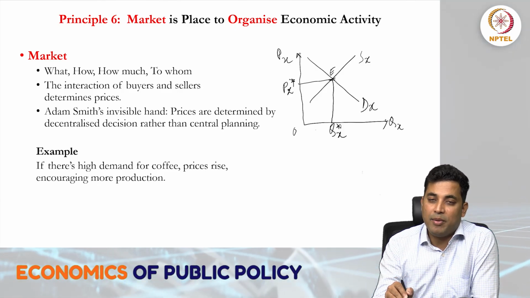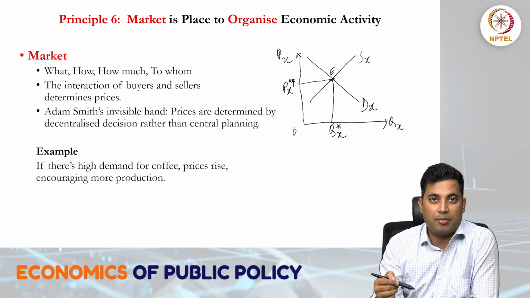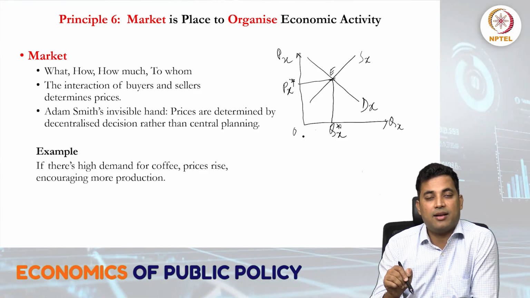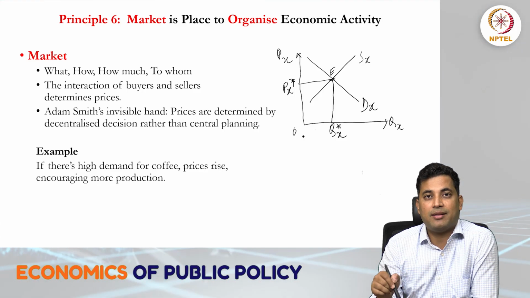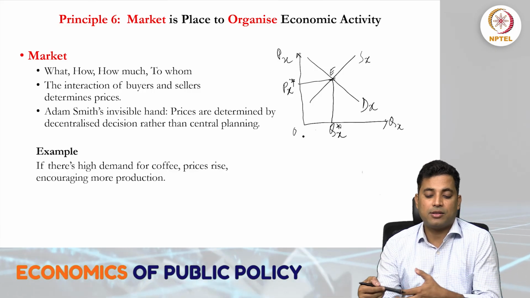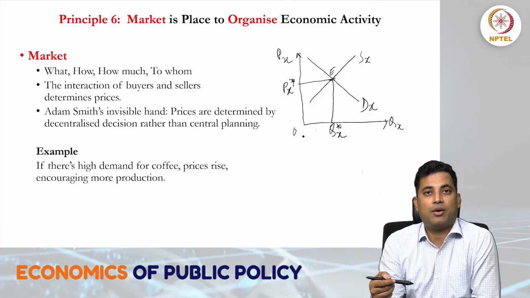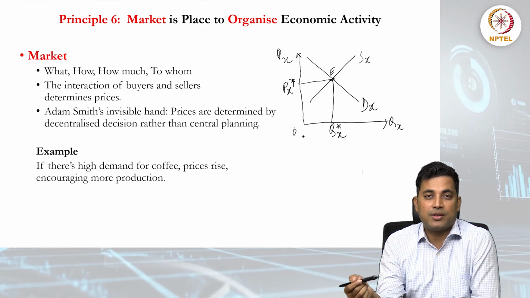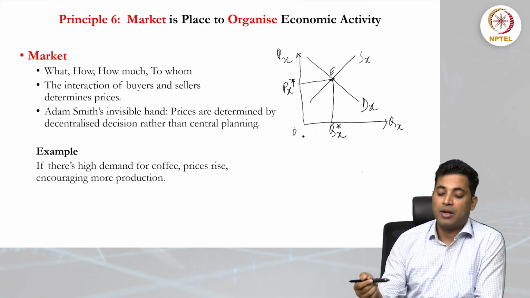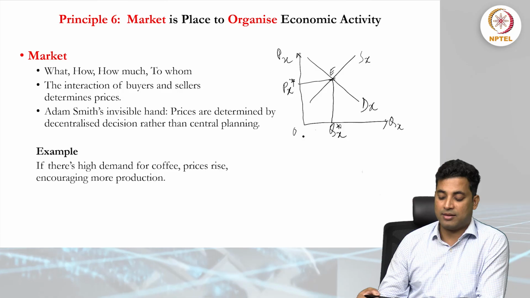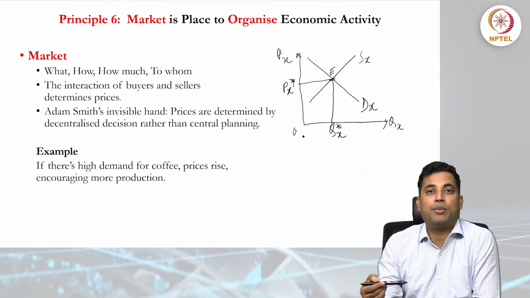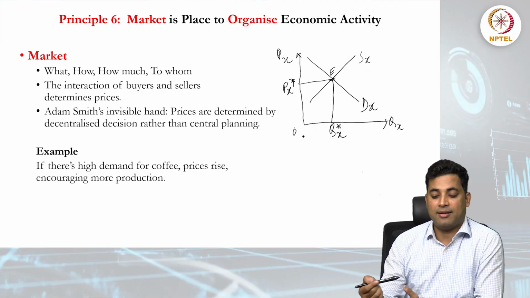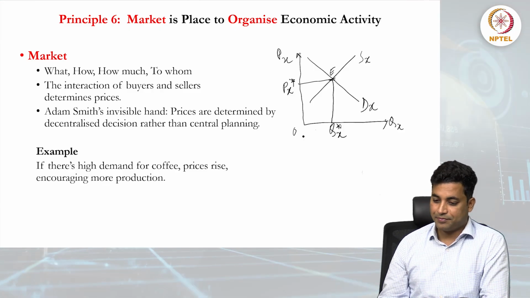So OPx star is the price which will be set, and OQx star is the optimum level of quantity that the market decides. This depends on how we behave as consumers in demanding certain goods, and based on our demand and other factors, the producer will also decide how much to supply at that particular price.